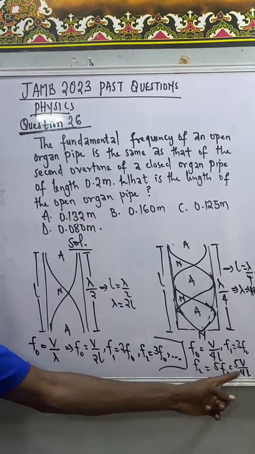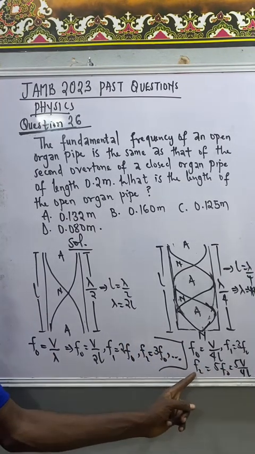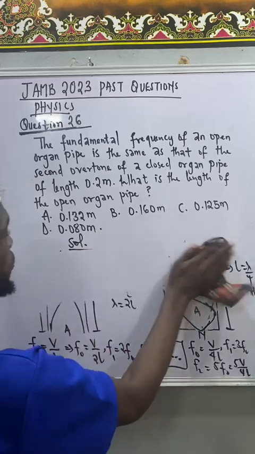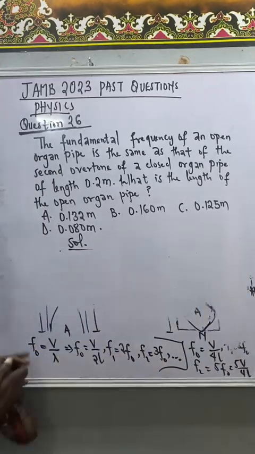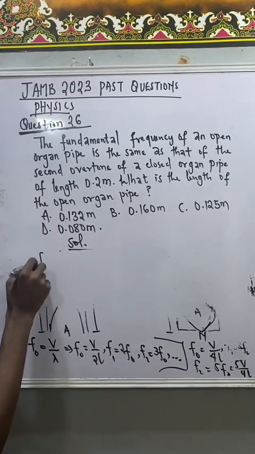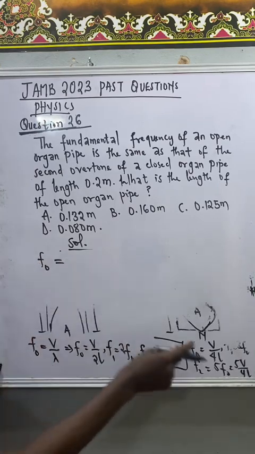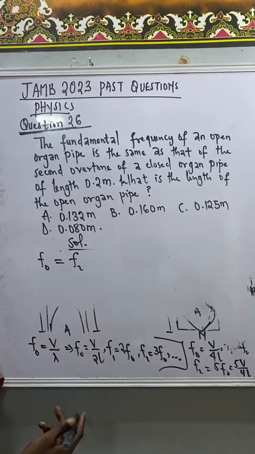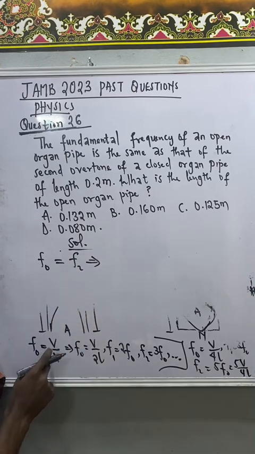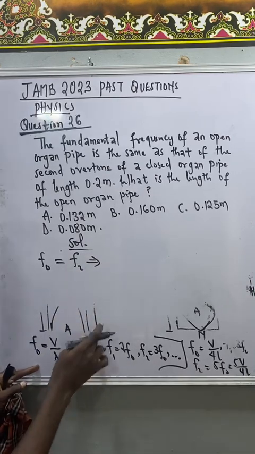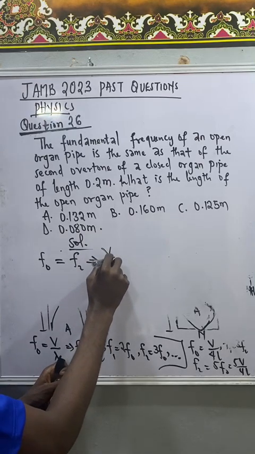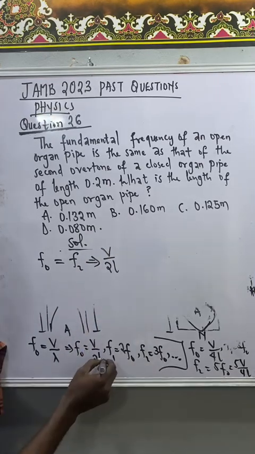Now, I want to equate this second overtone to the fundamental frequency of the open pipe. So let's see how that will go. Let's substitute. F0 of the open pipe is equal to the second overtone of the closed pipe. The fundamental frequency of the open pipe is V over 2L0.